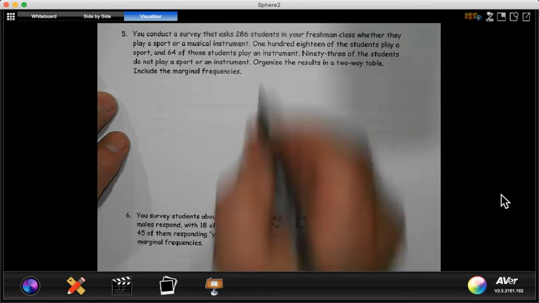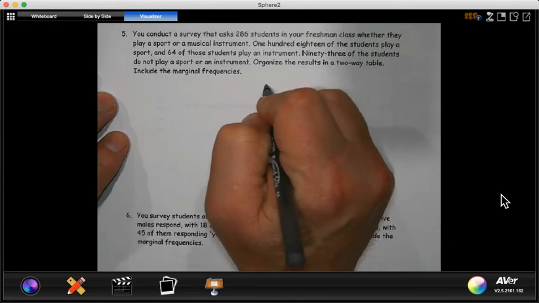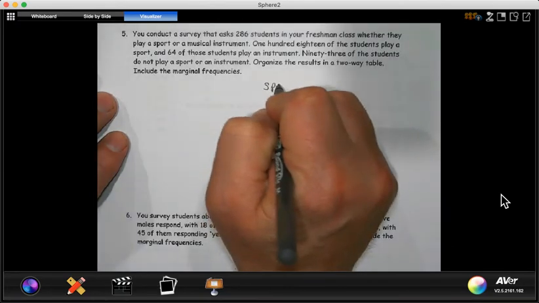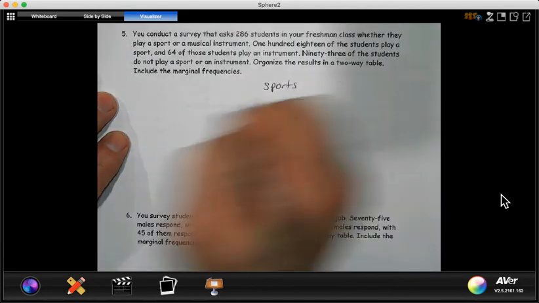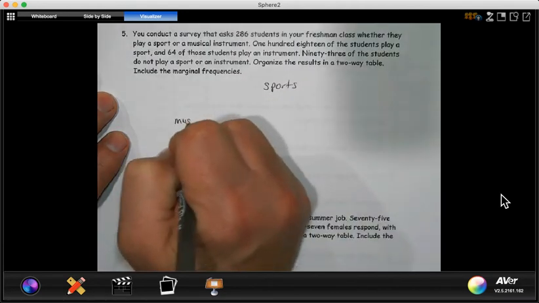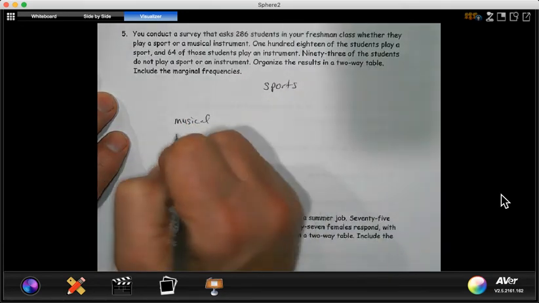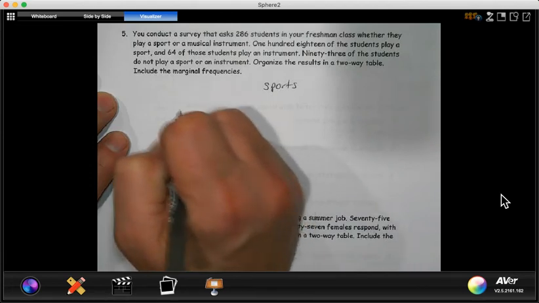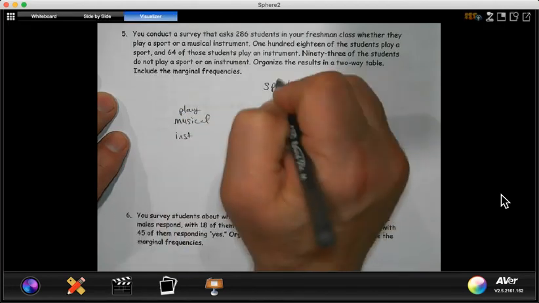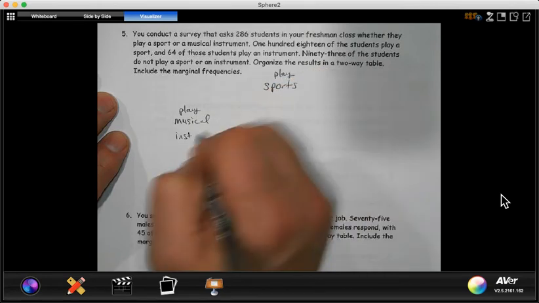So my categories are sports and musical instruments. So play musical instruments, play sports.